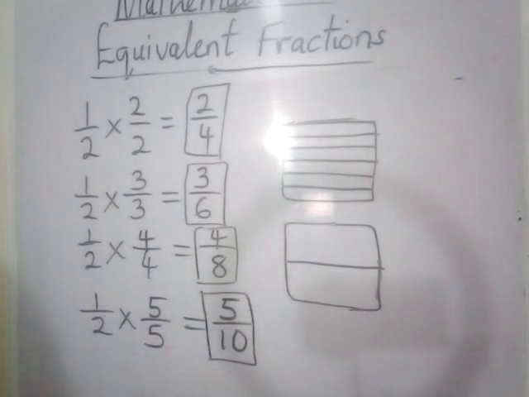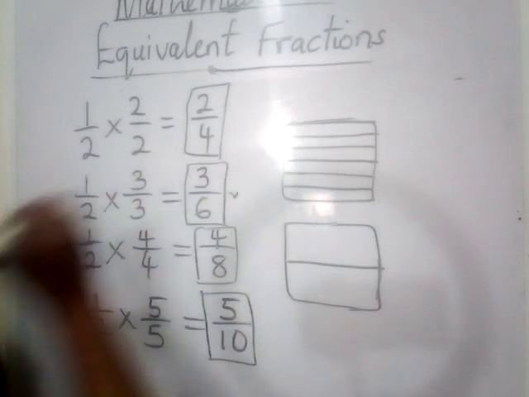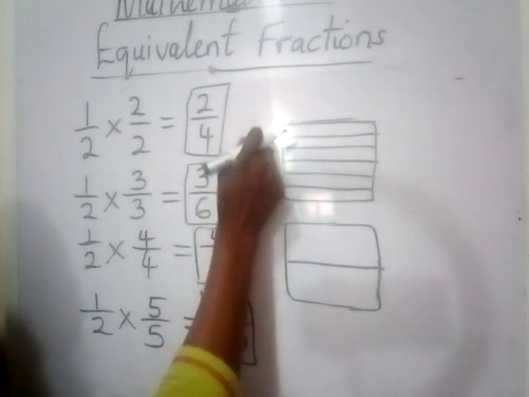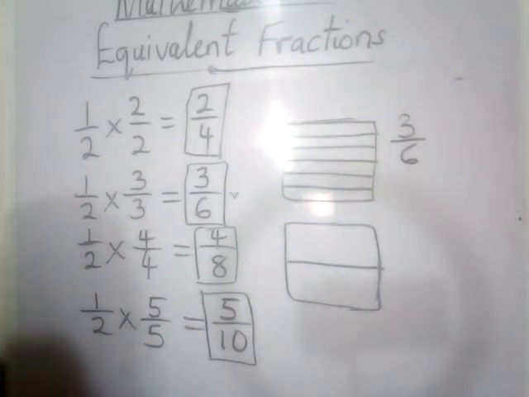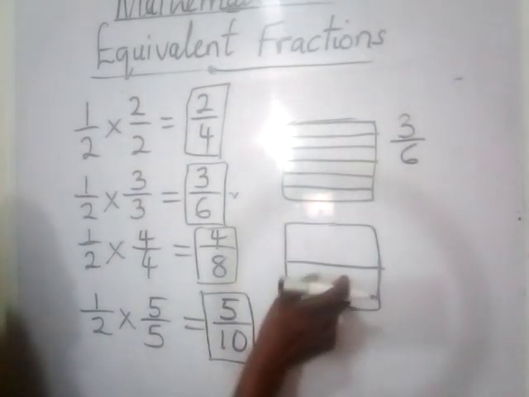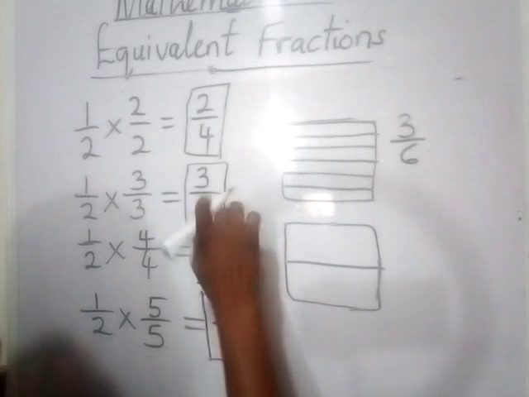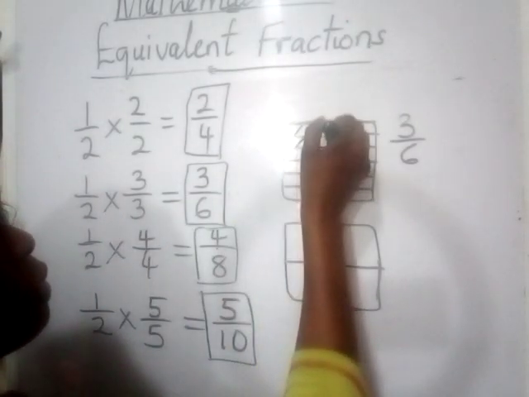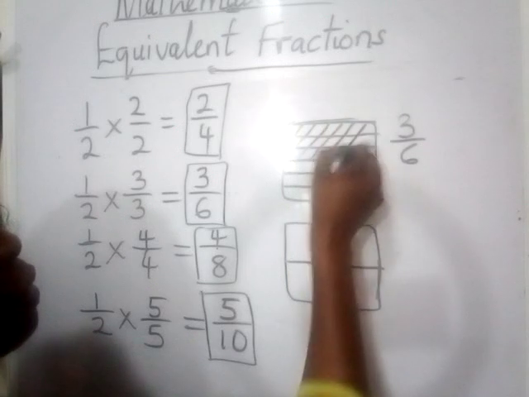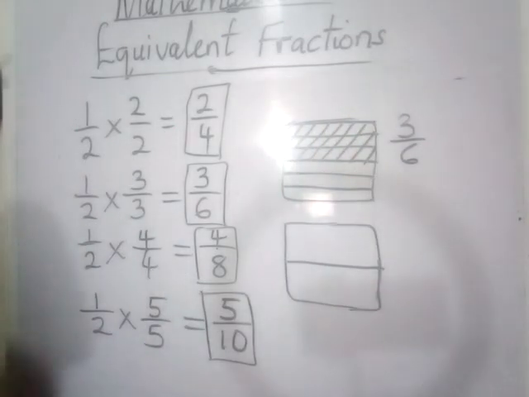So this one says that 3 parts out of these 6 parts, this is 3 out of 6 that we're going to shade, will be exactly the same as 1 part out of these 2 parts. Let's see. So we're taking out 3. So that's 3 parts that we've taken out.